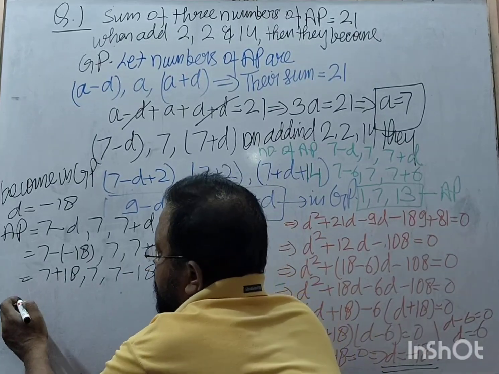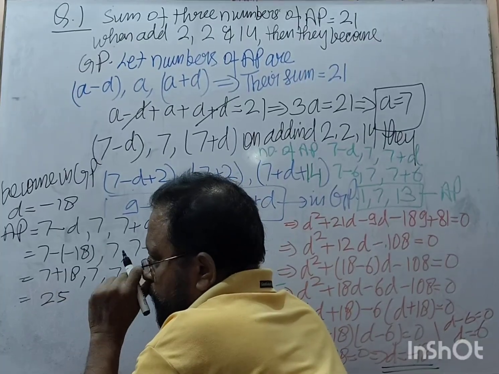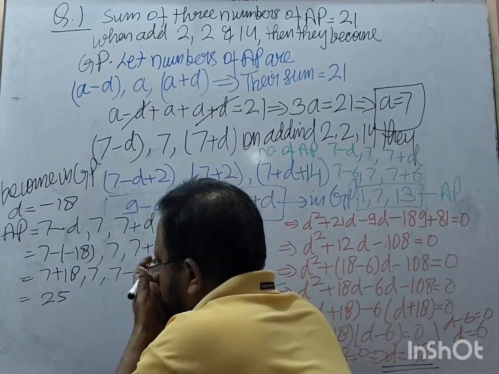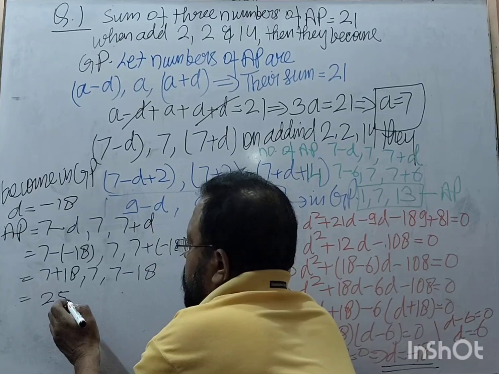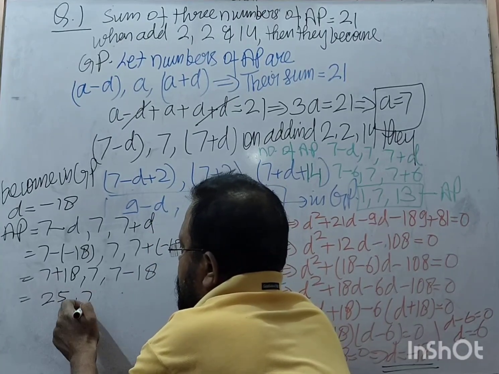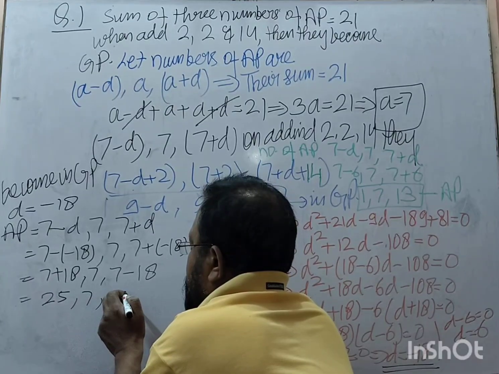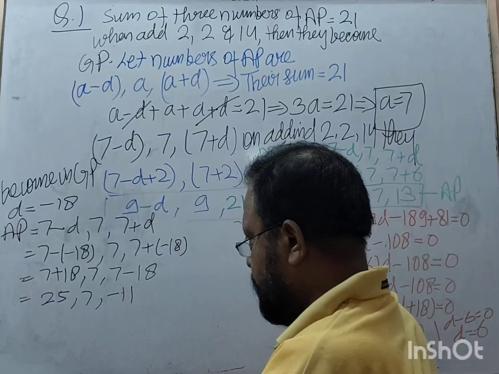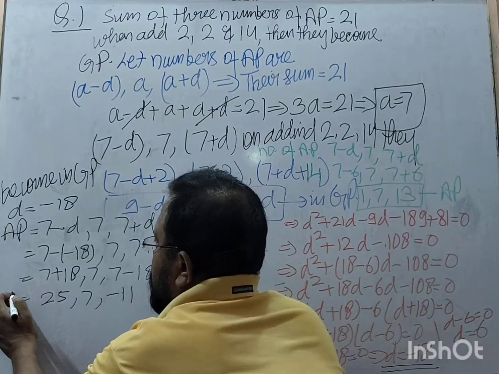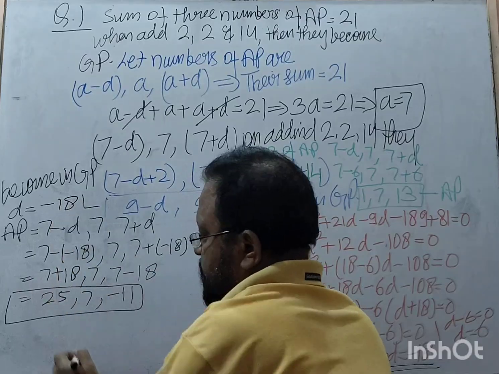So you get 25, 7 and minus 11. Now the AP is like this, when d is minus 18.